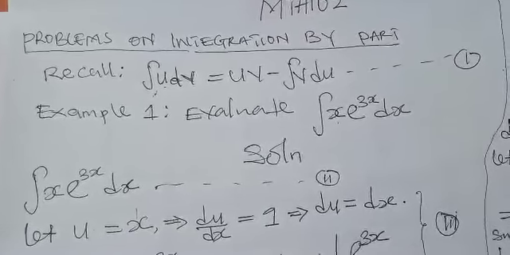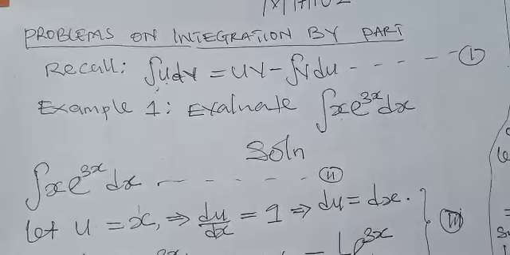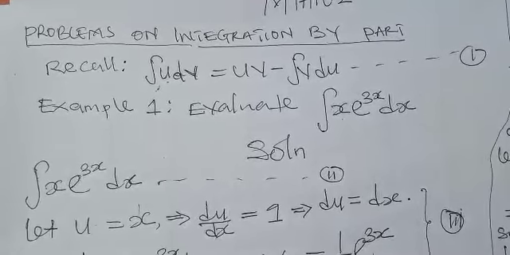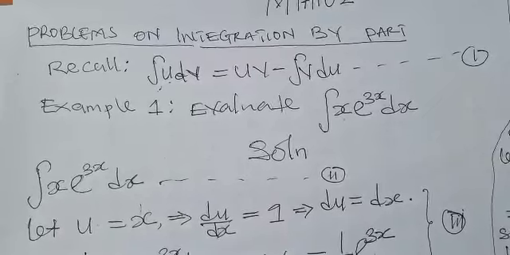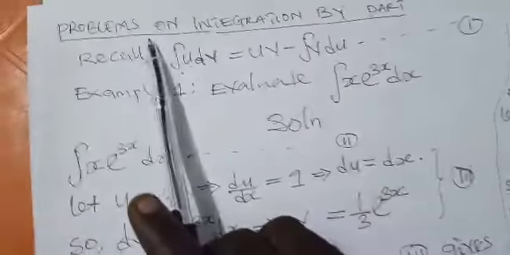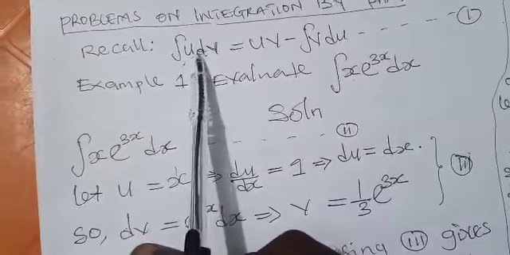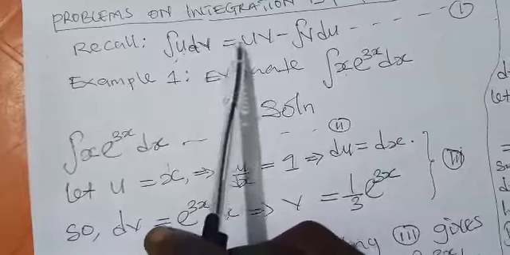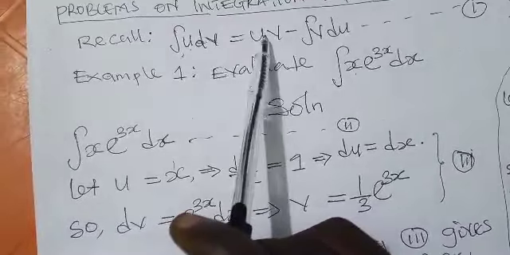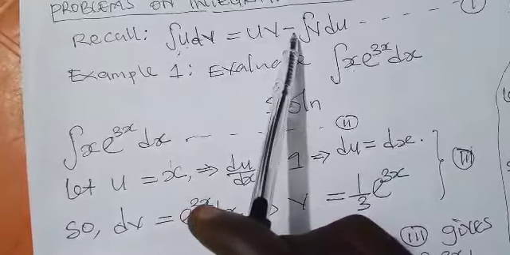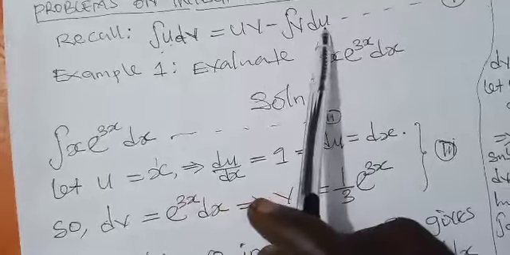This is MPage 101 and we are looking at problems on integration by parts. Of course, recall that integral u dv equal to uv minus integral v du.